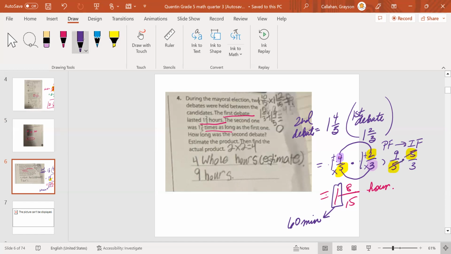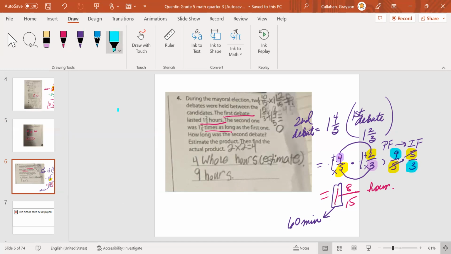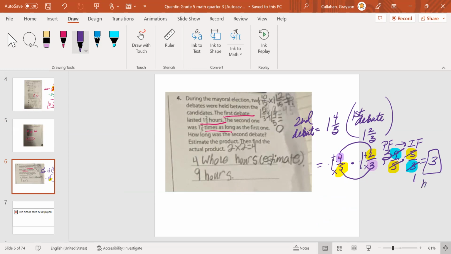So that's just 1 now, okay? Then the top and the bottom here, what's 9 divided by 3? 3. So that cancels. So your answer is what then? 3 hours. So it's 3 hours.